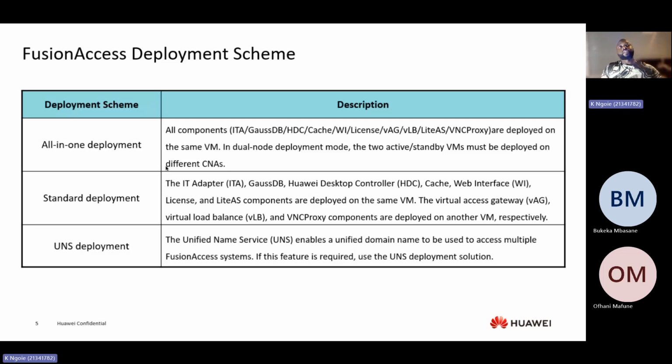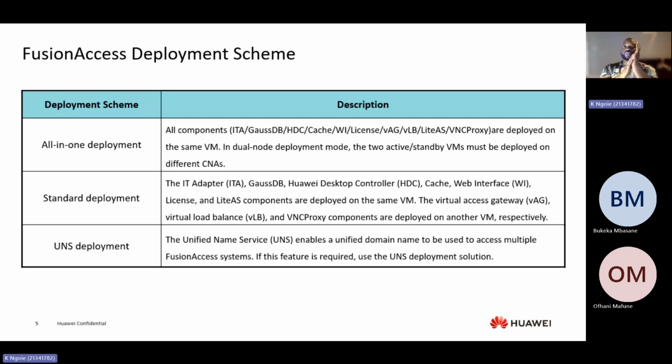And then we have the last one, which is the unified name service, the UNS deployment. So that's the third. You need to note that when you have less than 500 users, maybe in a lab or small office, we can look at an all-in-one deployment method.